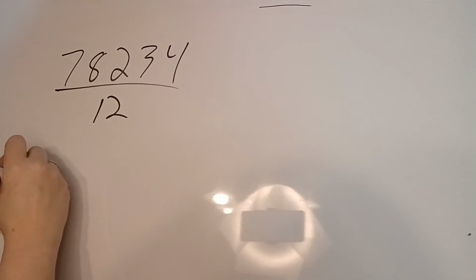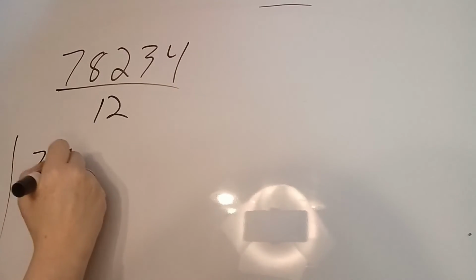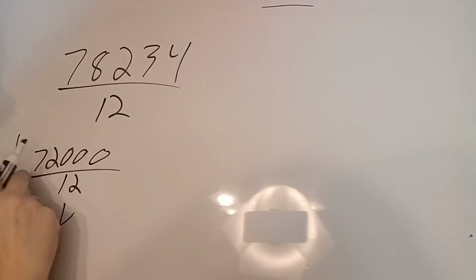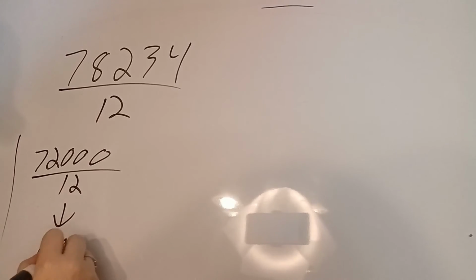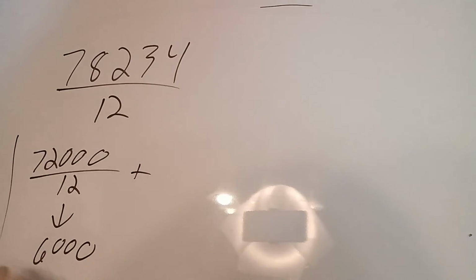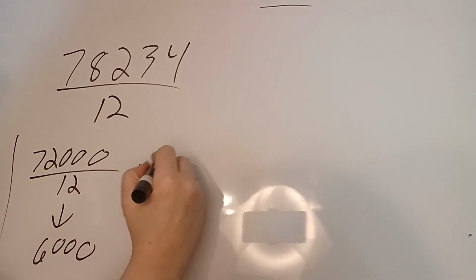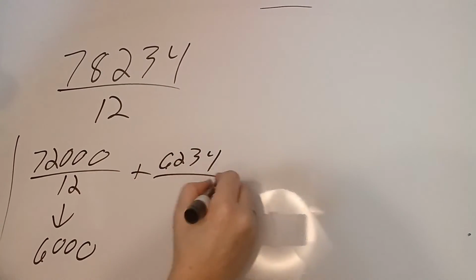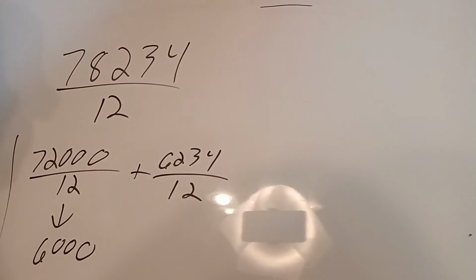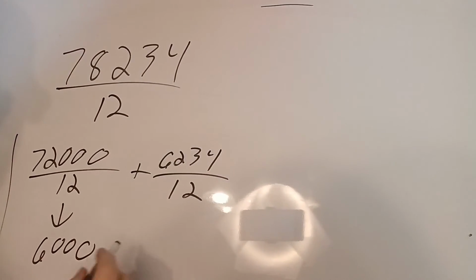So we got 72, 1, 2, 3 divided by 12. And that's going to give us a 6,000. All right, so what we have left, we have 6234 divided by 12. All right, we know 5 times 12 is 60, so that'll take care of that.